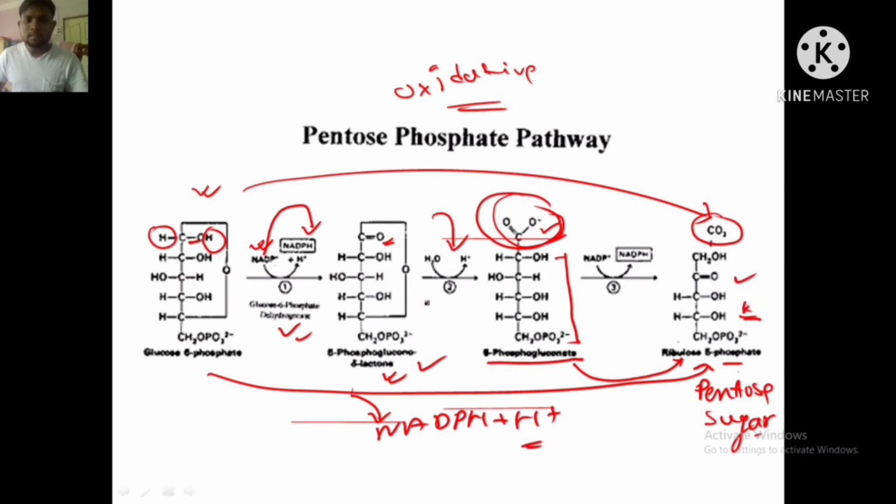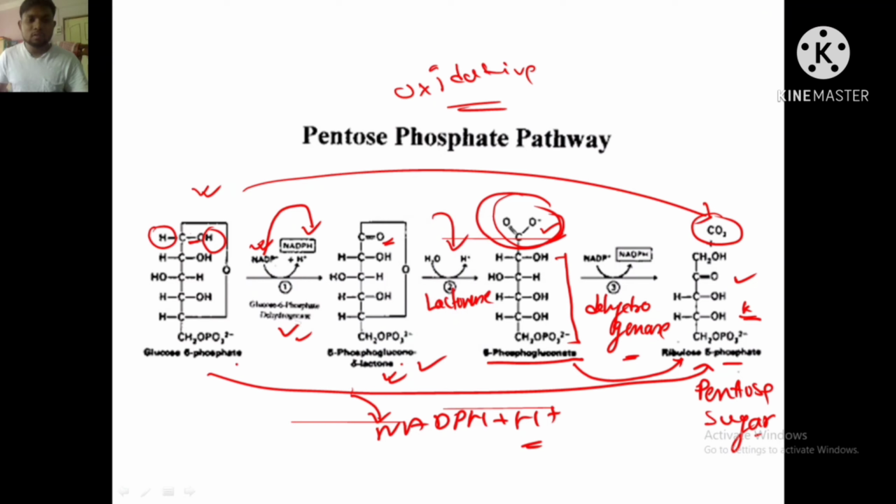Here the enzyme is lactonase and here this is also dehydrogenase. This is 6-phosphogluconate dehydrogenase.